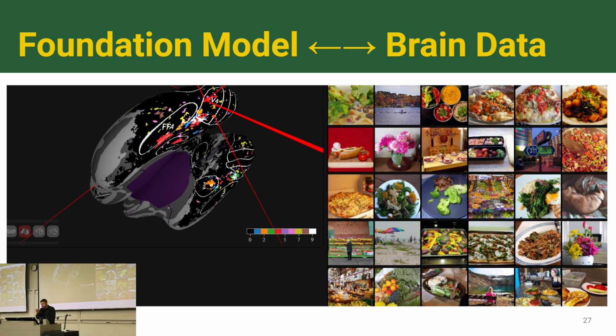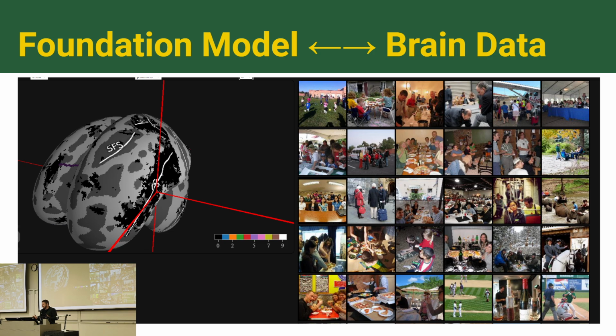So if we click into this part, there are these three red axes that delineate exactly where in the brain we're pinpointing, but these all seem to be responsive to very colorful food images, whereas if you click into a different part of the brain, then what's responsive here is many, many different images of people, not just individual people, but it specifically seems to be sensitive to crowds of people in different types of settings.